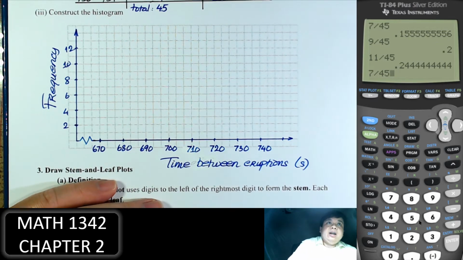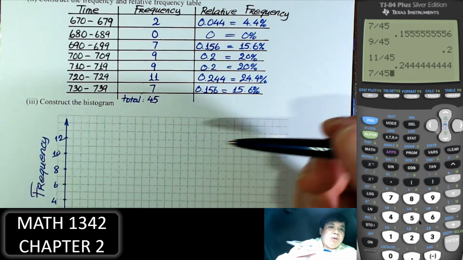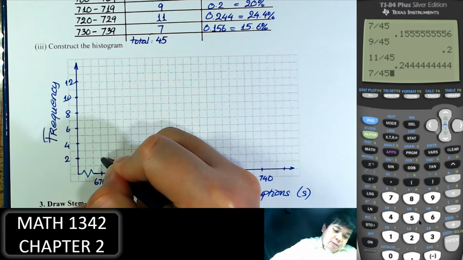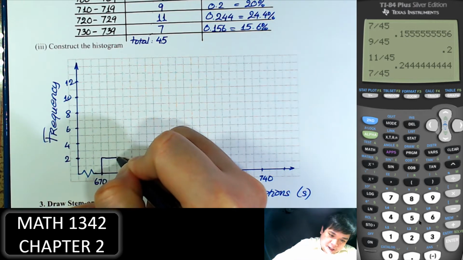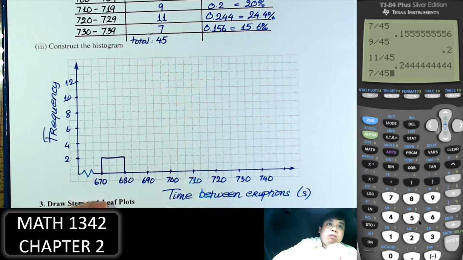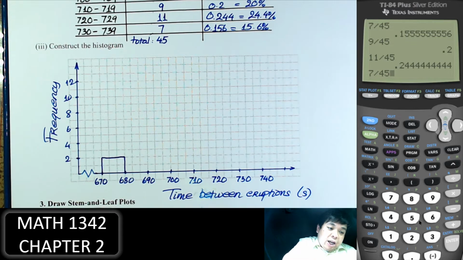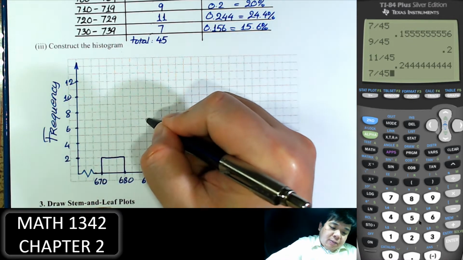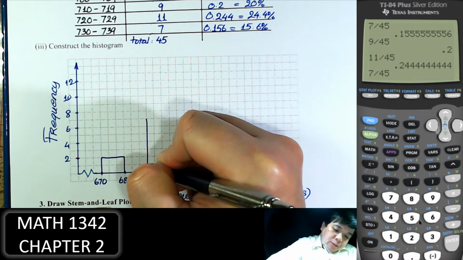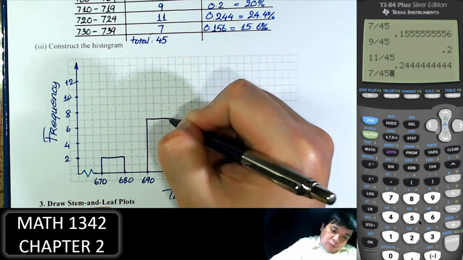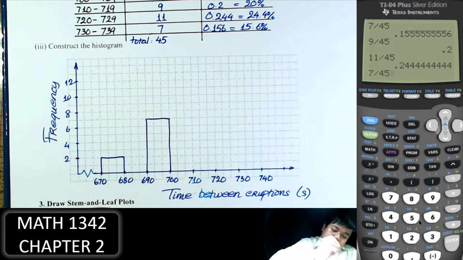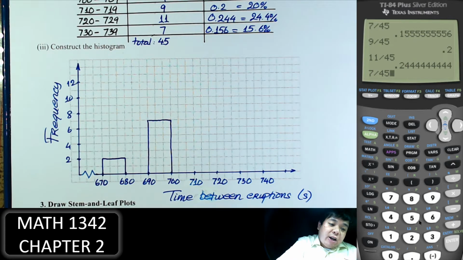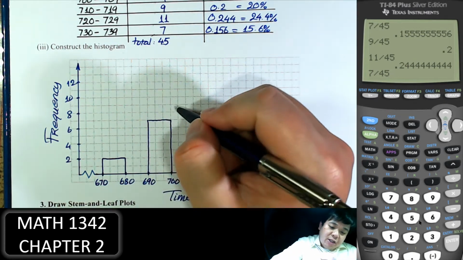I'll just base it on the table, so for the 670s, there are 2 of them. Again, there will be no spaces between the columns. Next 0, so there's none. Next 7. And then next there will be 9 for 700.